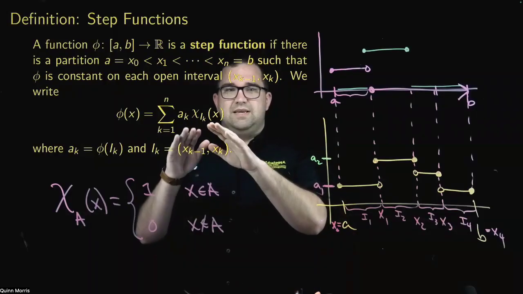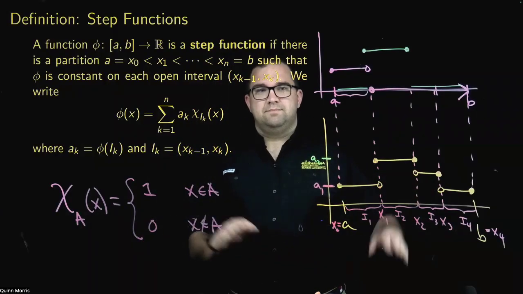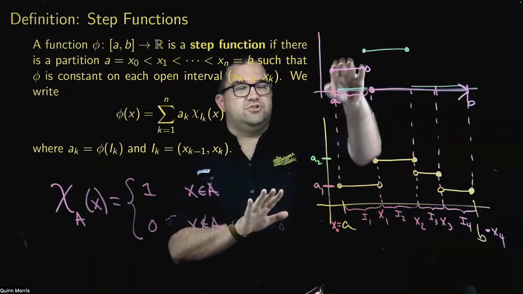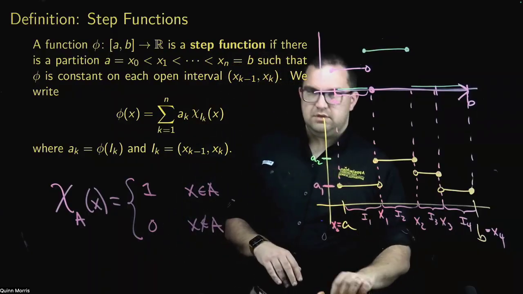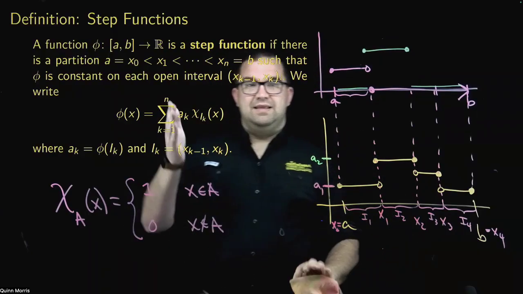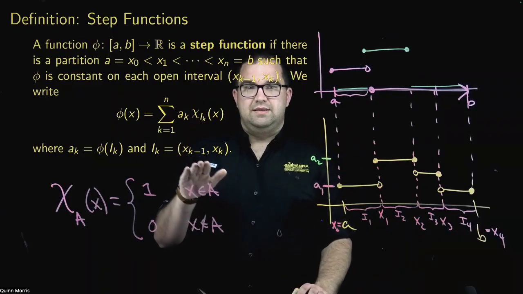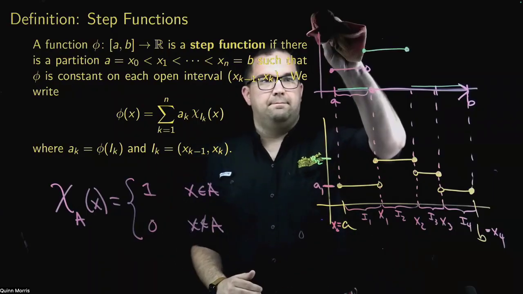So this allows you to decompose a step function. This step function has 4 steps, so you can decompose it into a sum of 4 functions, each of which is just one single step. In general, if you have n different steps, then you can decompose this into a sum of n functions, each of which has 1 step.